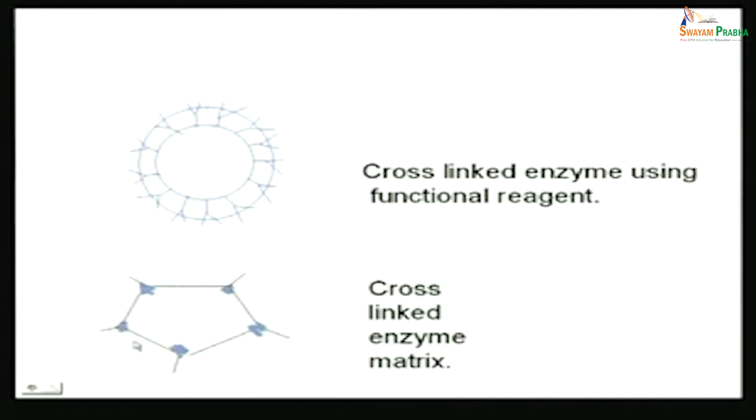Then you have a possibility, look at the bottom one here, where the enzymes themselves cross-link among each other to form the matrix. So this is the difference: here the enzyme is attached or bound to a functional reagent, and that's how the cross-linking is attained, while below, the enzymes themselves cross-link with each other to form the cross-linked matrix. These are a few examples, and if you go to some of the books, you will find plenty more examples. But just to give you a sense of how chemically bound enzymes look.